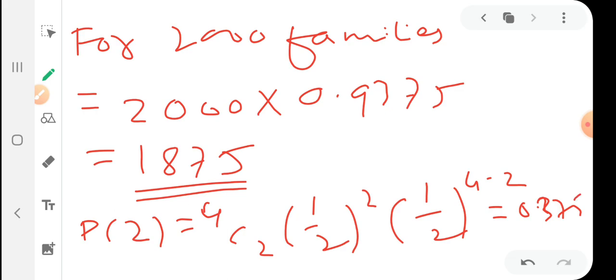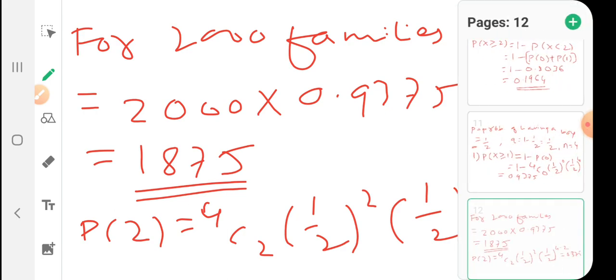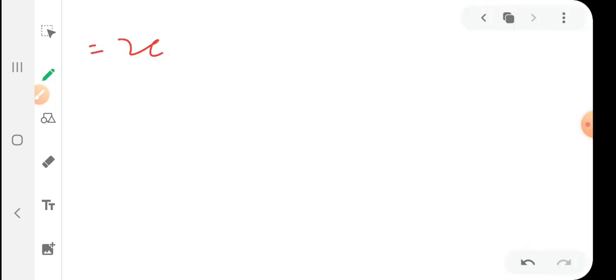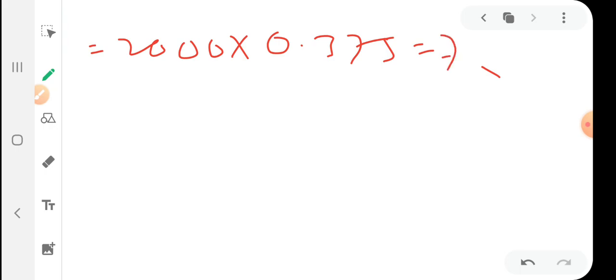Again, this is for one family, multiply it by 2000. So 2000 into 0.375, you will get the answer 750. So there are 750 families having two boys.